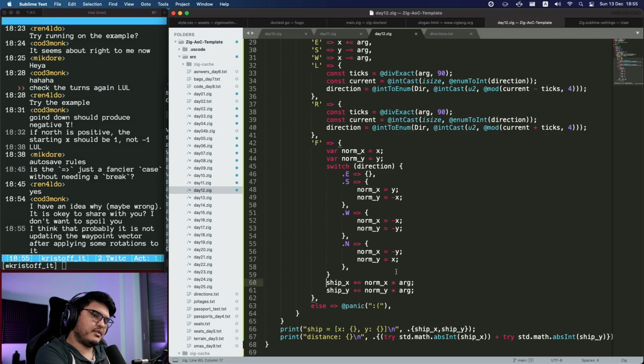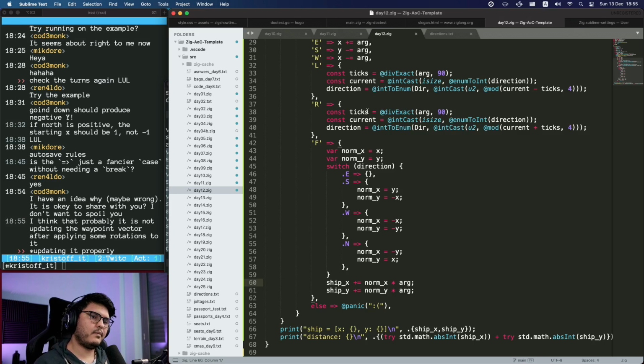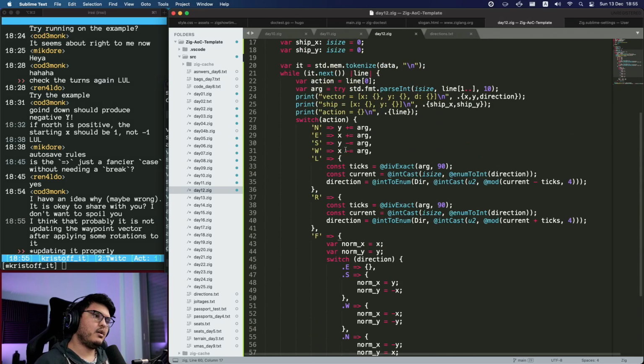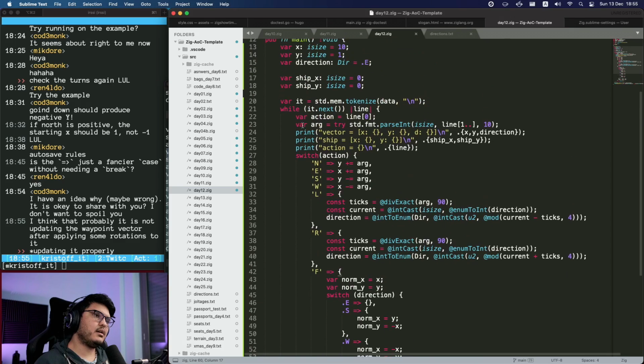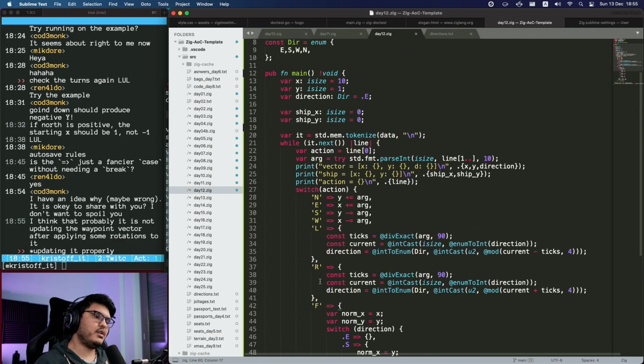I think the problem is not updating the waypoint vector after applying some rotations to it. Updating it properly. In the current code, I never update the vector directly.